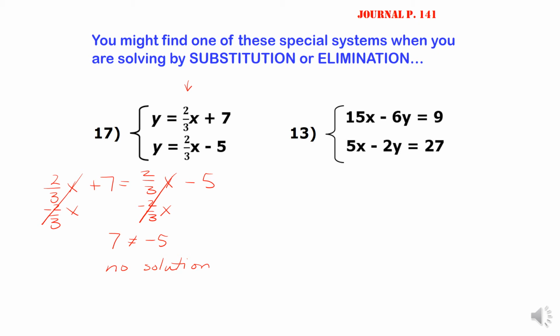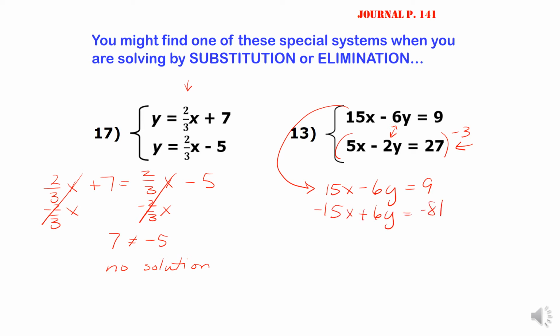Let's see about this one. This one we solved by substitution. Let's do elimination. First thing I'm going to do is multiply this one to get an opposite here, so I'm going to multiply by -3. I'm going to write the first equation again, 15x minus 6y equals 9. And then I multiply this one by -3, so I get -15x plus 6y equals -81.